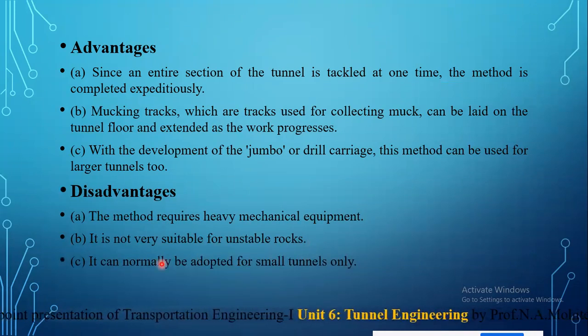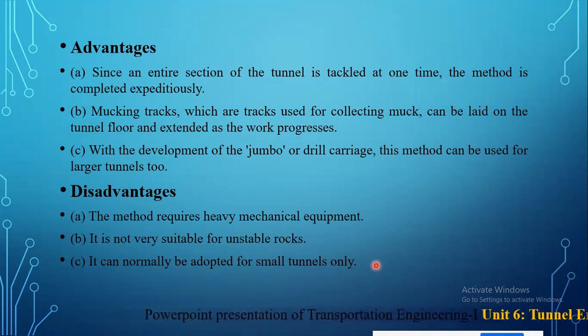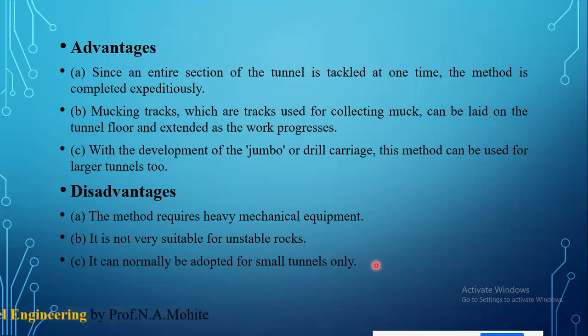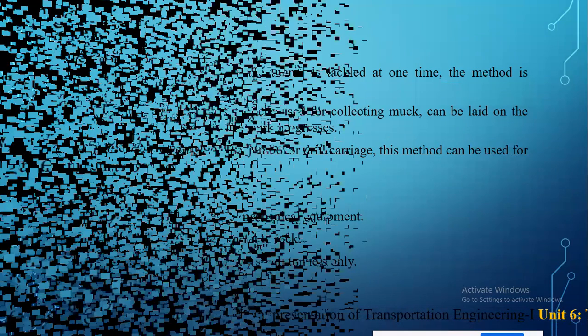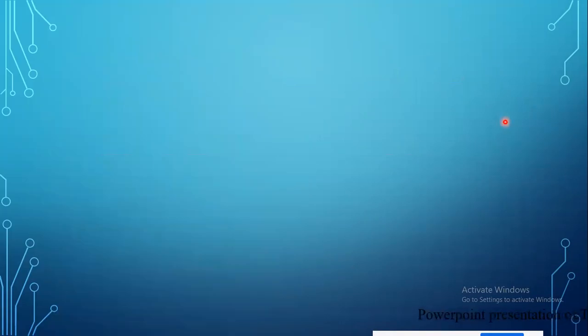Also, it cannot normally be adopted for small tunnels, because the equipment required is heavy, and from an expenditure point of view it is not suitable. So generally, if the length is more, you are supposed to go for this full face method, in which you can make use of the TBM, that is, the tunnel boring machine.